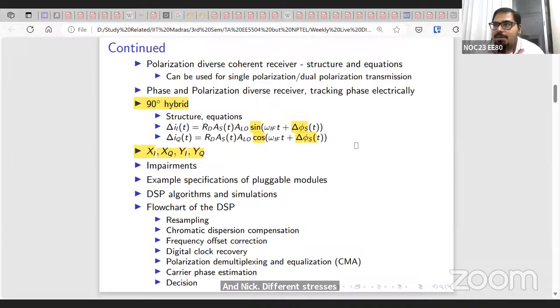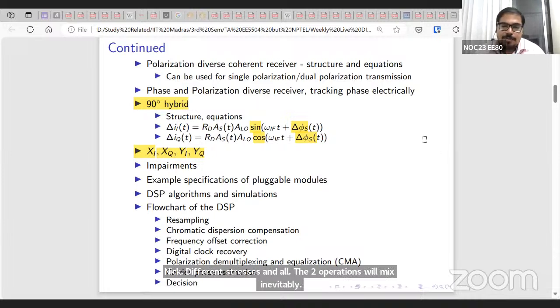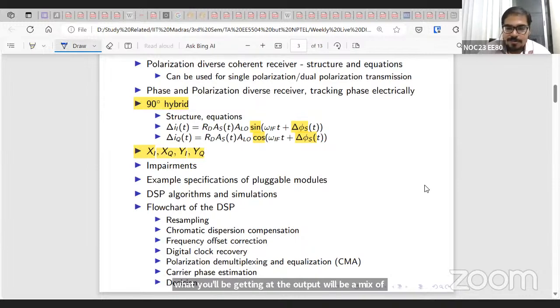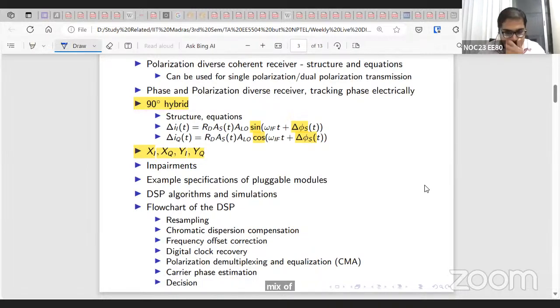And what you'll be getting at the output will be a mix of the two polarizations, so data from one polarization will go to the other polarization using some conversion matrix.